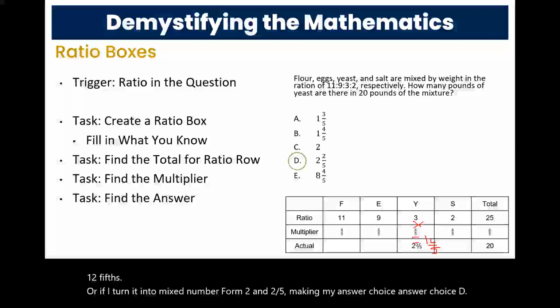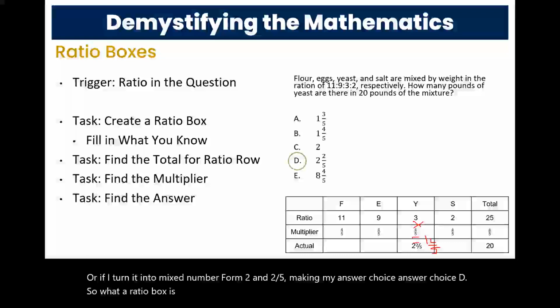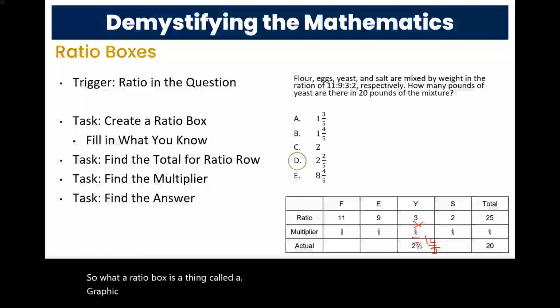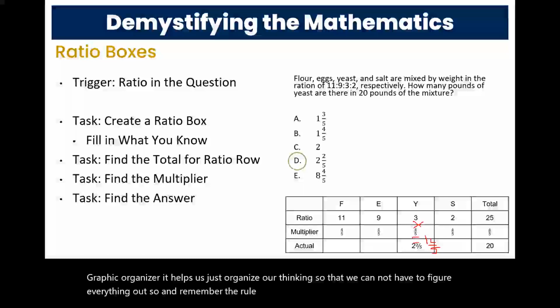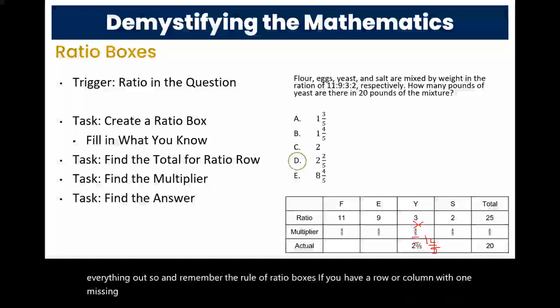A ratio box is called a graphic organizer. It helps us organize our thinking so that we don't have to figure everything out. Remember, the rule of the ratio box is: if you have a row or column with one missing box, can you finish off that row or that column?